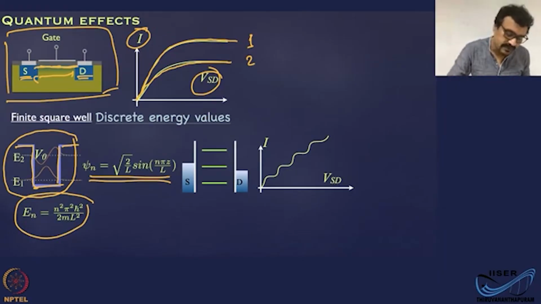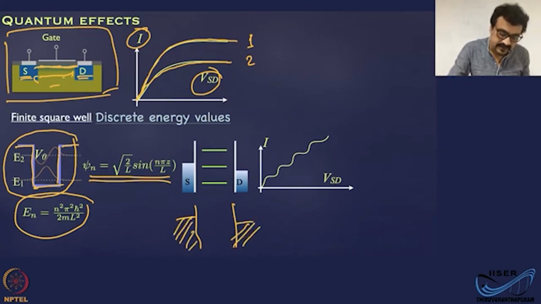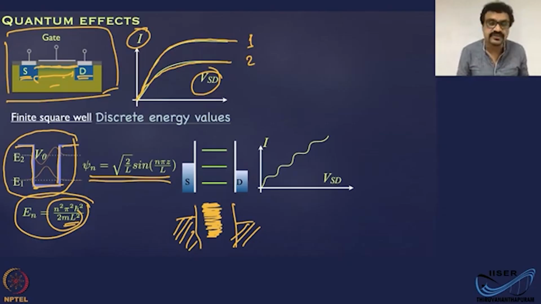So you don't have a continuum of states as described in this case. Let's consider that in a classical system, you have a continuum of states here. Okay, it is all throughout filled, because the spacing between the levels is inversely proportional to the size L, where L is the size of the well.